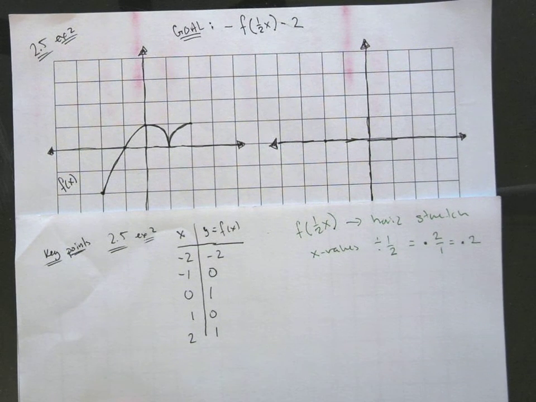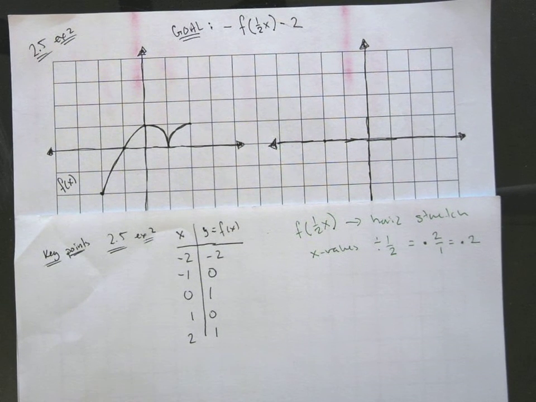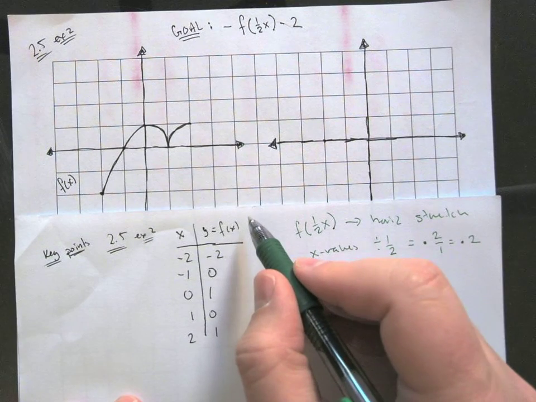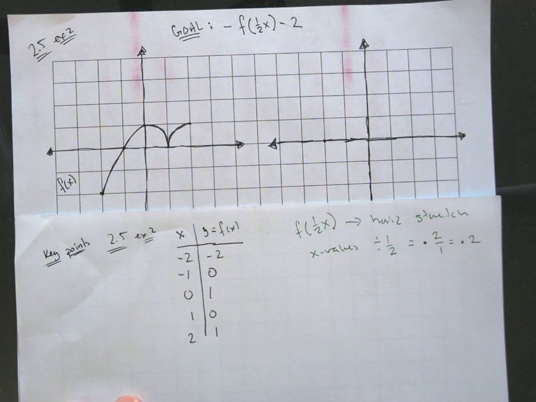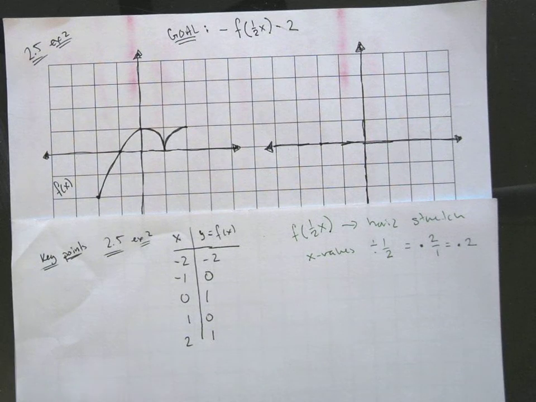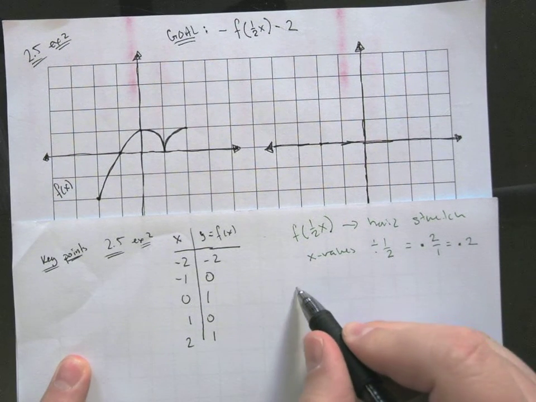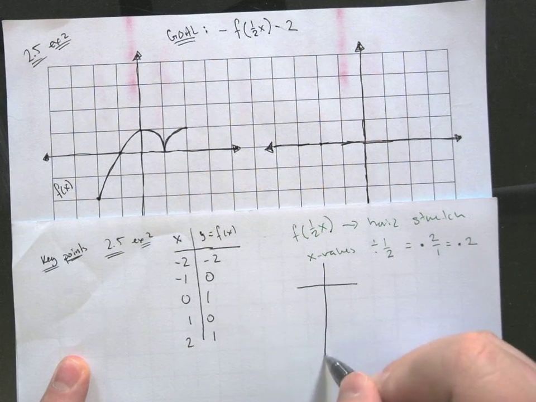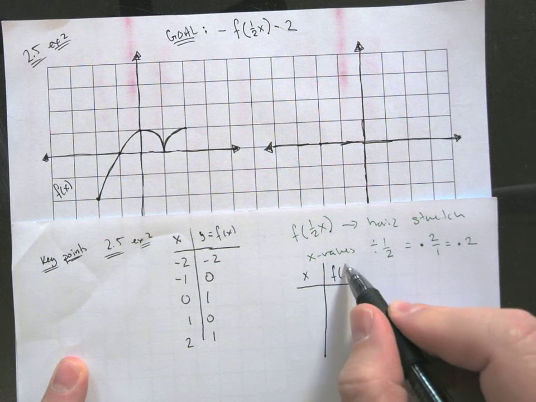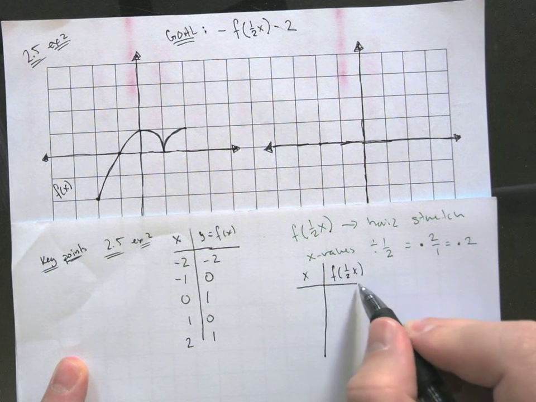So we're going to double all of our x values. I'll make a new table. We'll go x, we'll go f of 1/2 x.